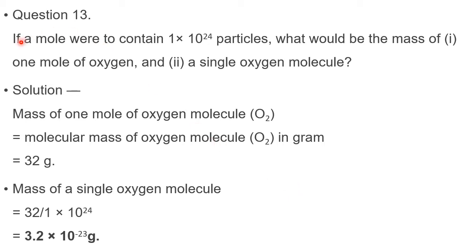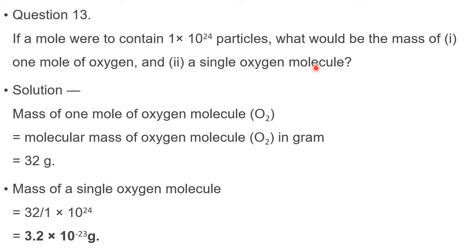If a mole were to contain 1 × 10^24 particles, what would be the mass of 1 mole of oxygen and of a single oxygen molecule? We know that 1 mole equals 6.022 × 10^23 particles.